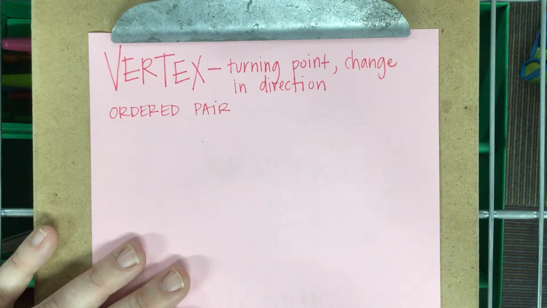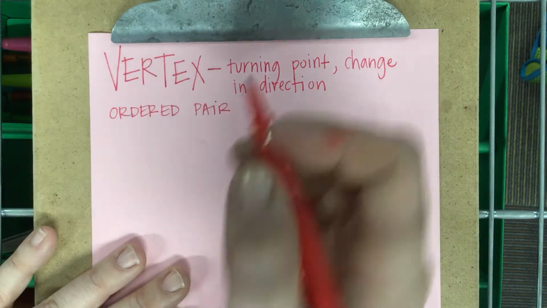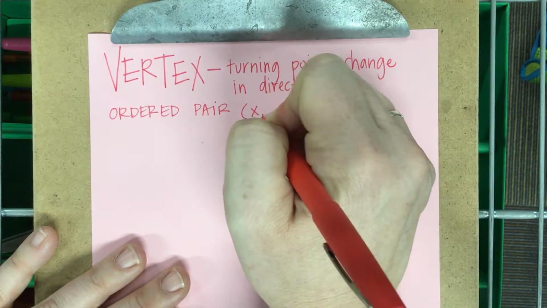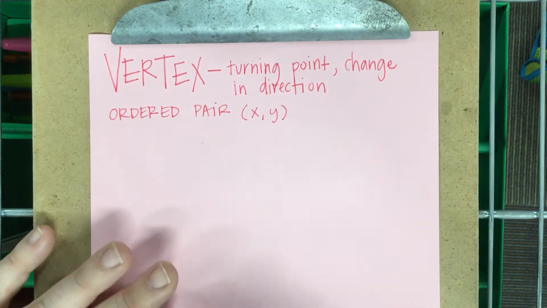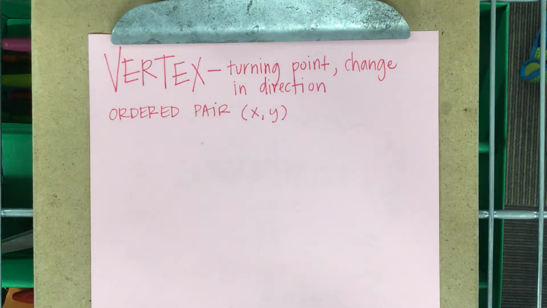Every ordered pair is in what? X, comma, Y. You have to have an X value in order to have an ordered pair, don't you? Where do you think the vertex of a parabola exists?